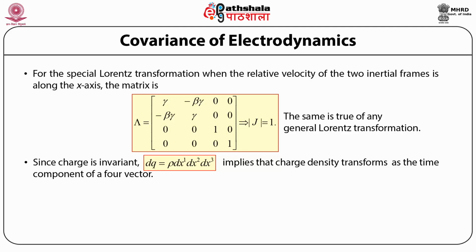From this relation, one can see that the charge density transforms as the time component of a 4-vector. So in this case, we can propose a 4-vector which consists of the charge density rho and the current density vector j.